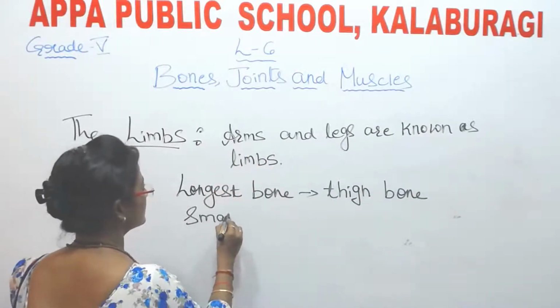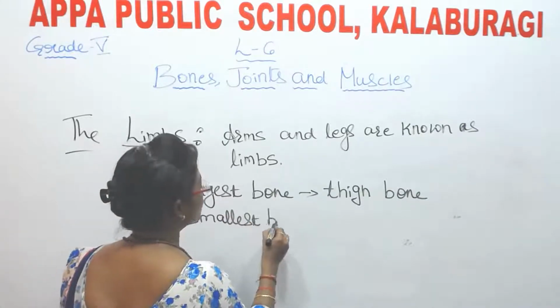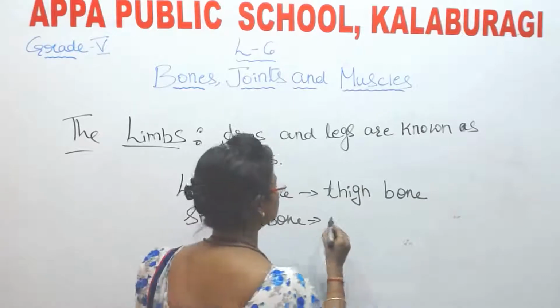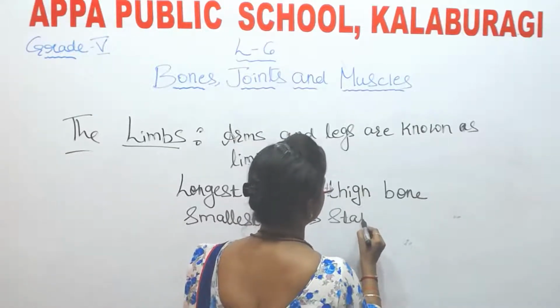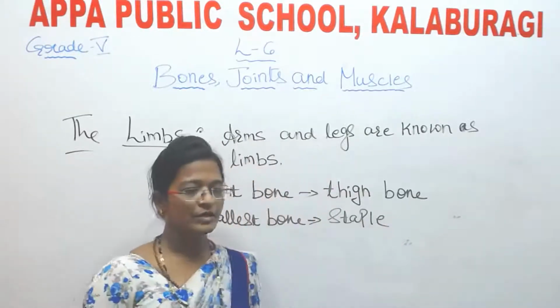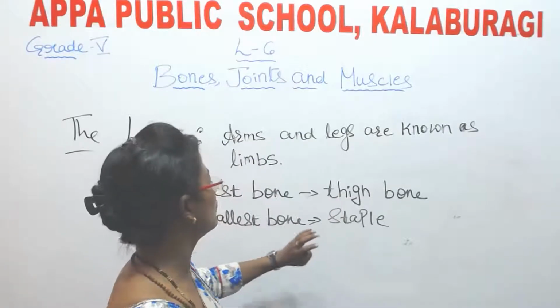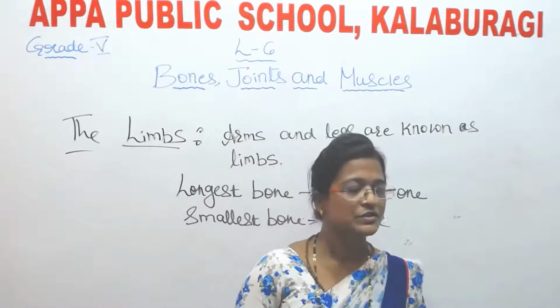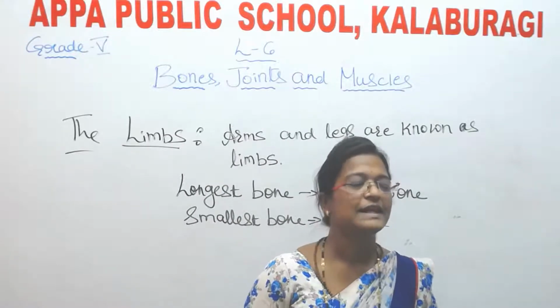And the smallest bone is present in our ear, that is the stapes. Okay, so the longest bone is the thigh bone and the smallest bone is the stapes. So this is about limbs.